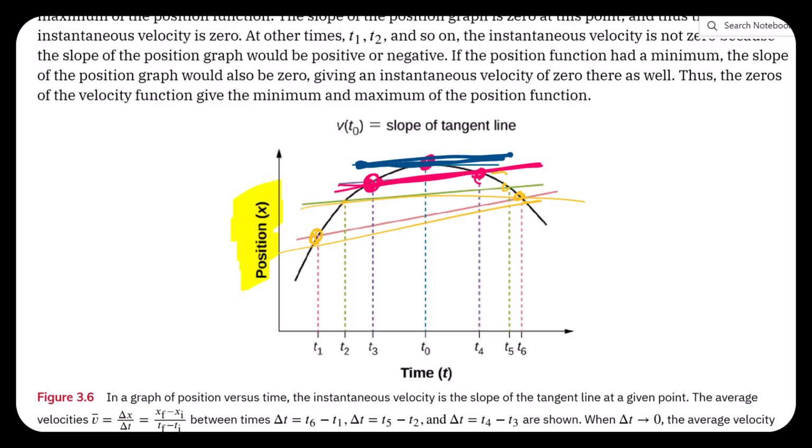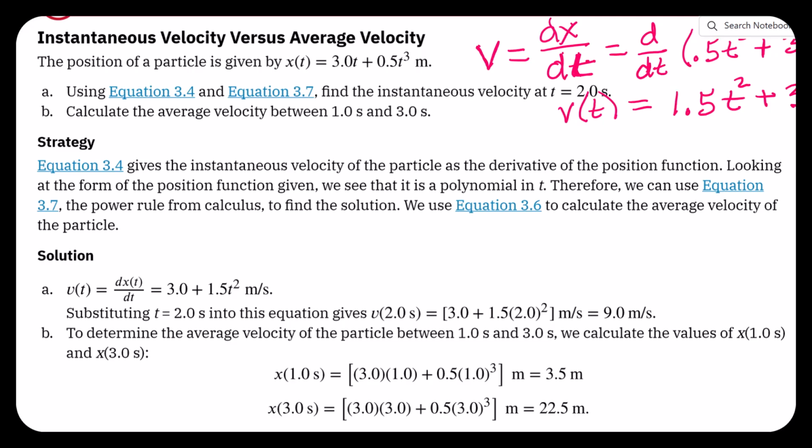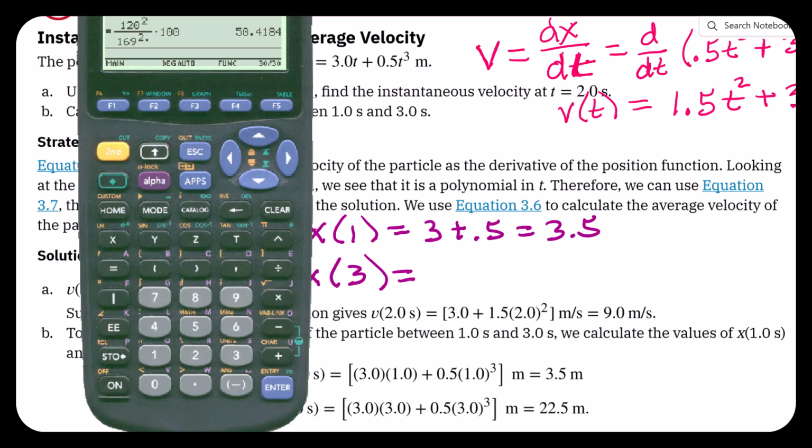Okay, so you're not going to do anything weird. You're just going to find each position and then calculate a slope between those two points. So the first position was x at 1, which is 3 plus 0.5, and x at 3 is, oh, I'm definitely not going to do that in my head. 3 times 3 plus 0.5 times 3 cubed.